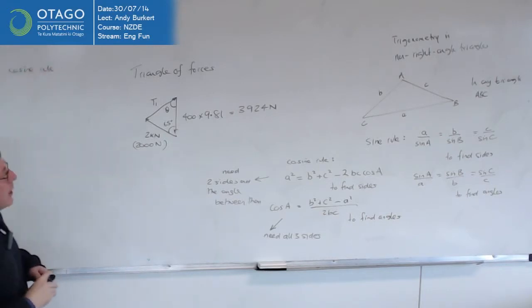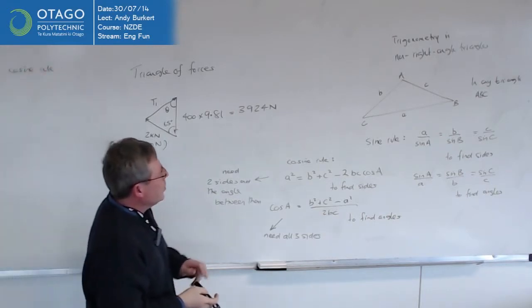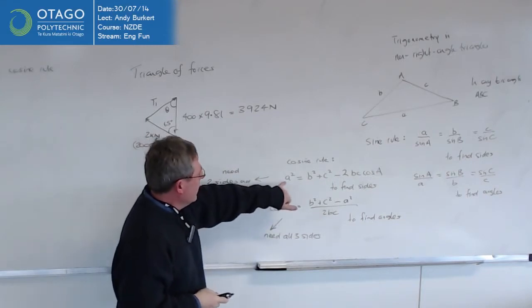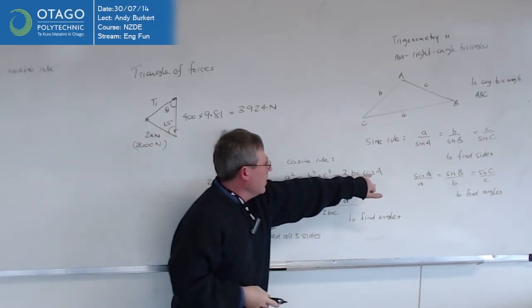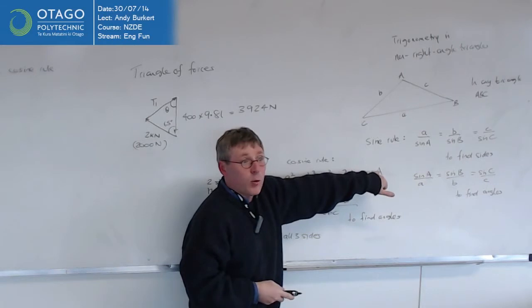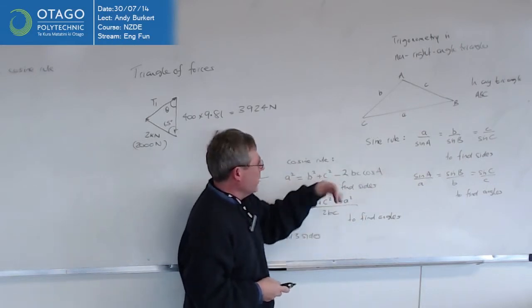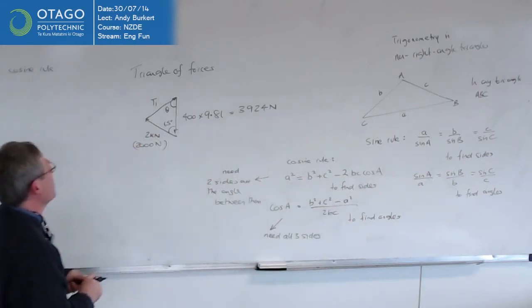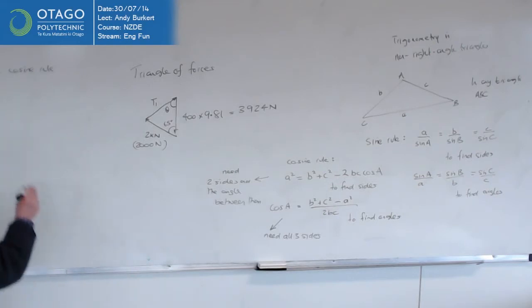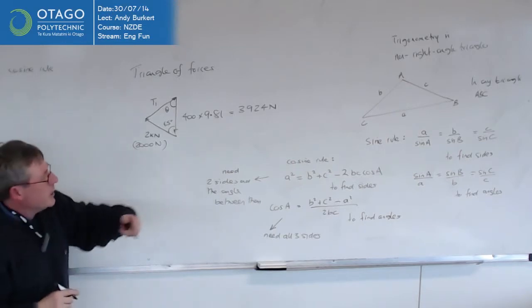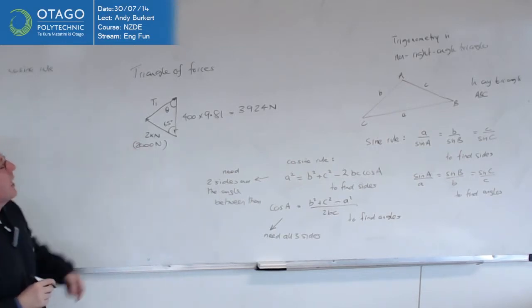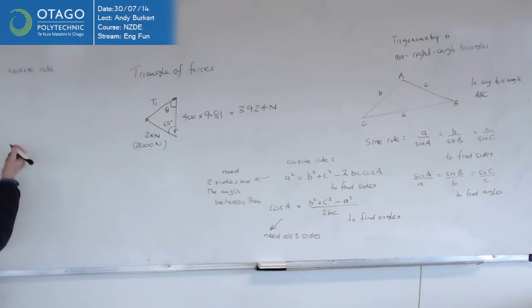okay, so when you're using the cosine rule to find a side, this is the side you want and the cosine of the angle opposite the side you want, and the B and the C are the other two sides. So we can say, we're trying to find T1, so T1 squared equals B squared plus C squared, so it's each of the other sides squared, so it doesn't matter which order you put it in.